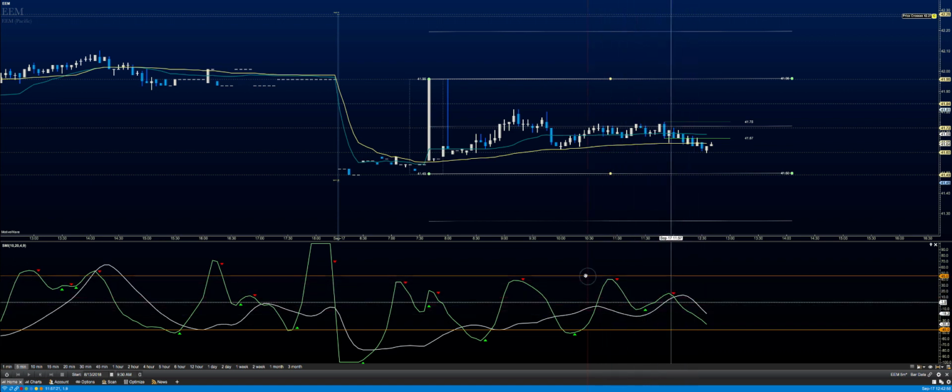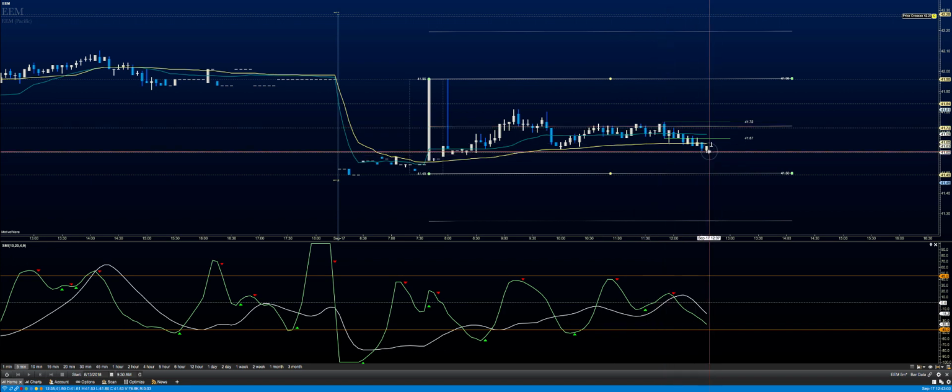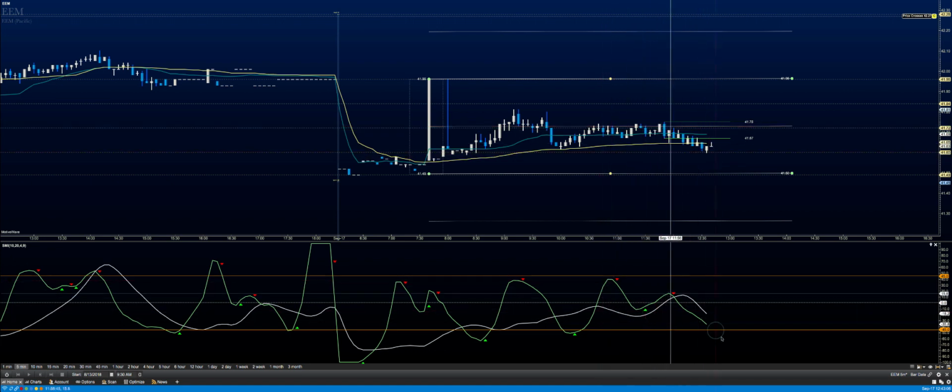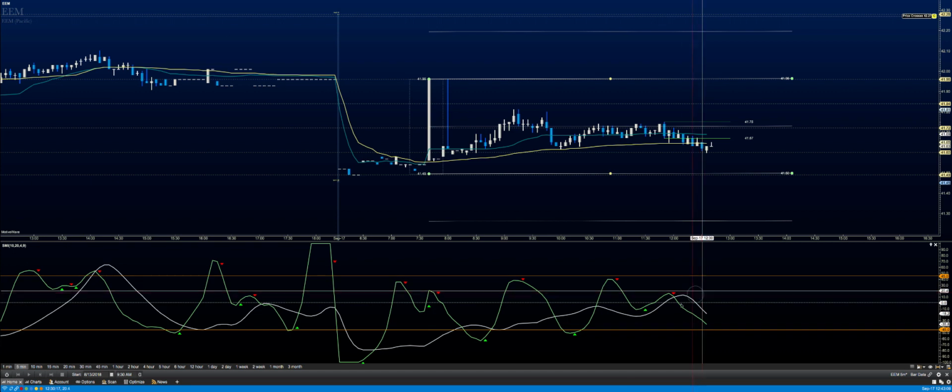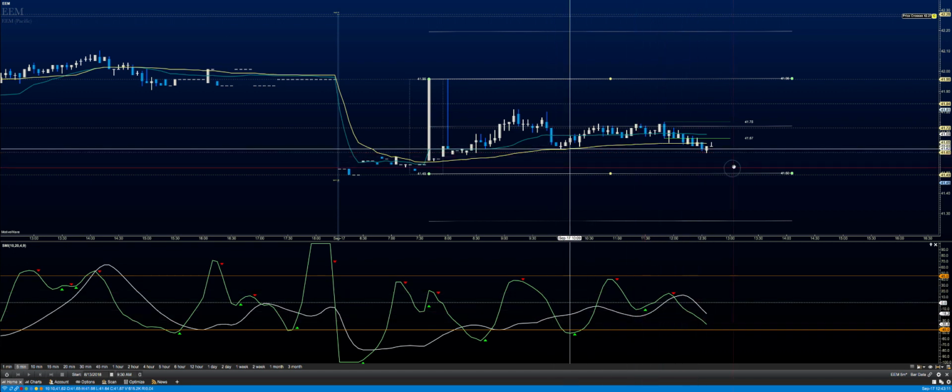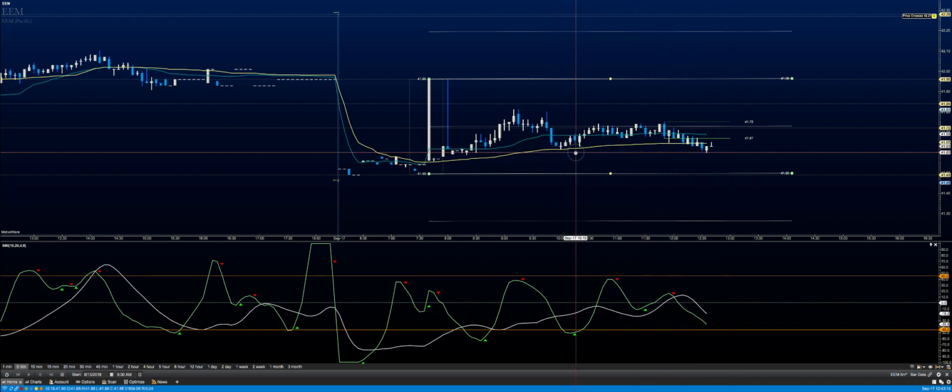Now we can see that resistance has stayed here and support has stayed here. These lines look completely different, but support has stayed right where it's at.